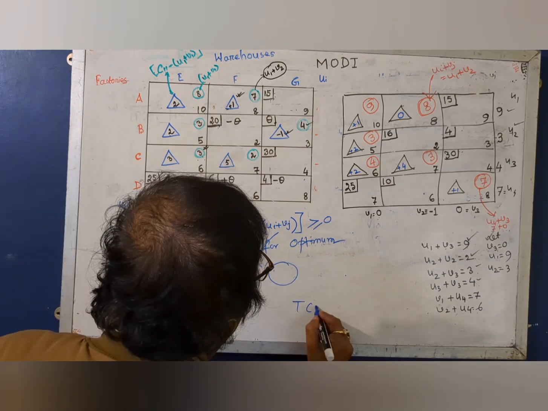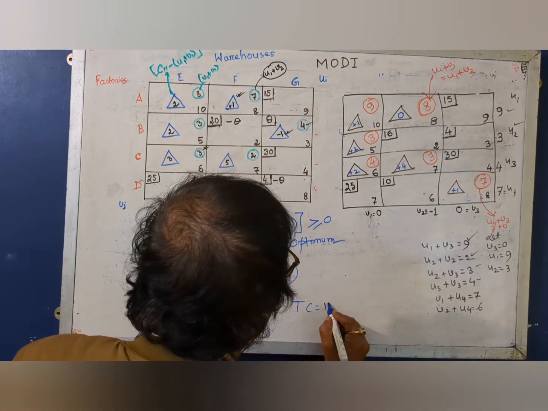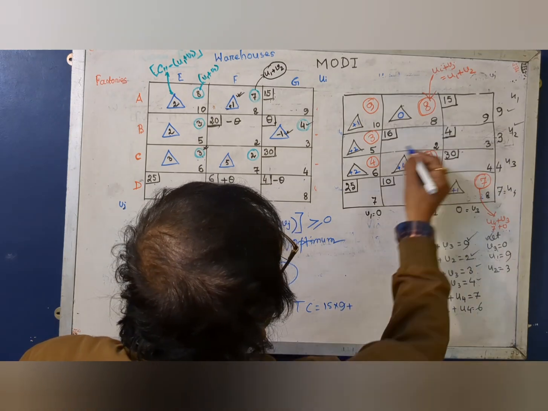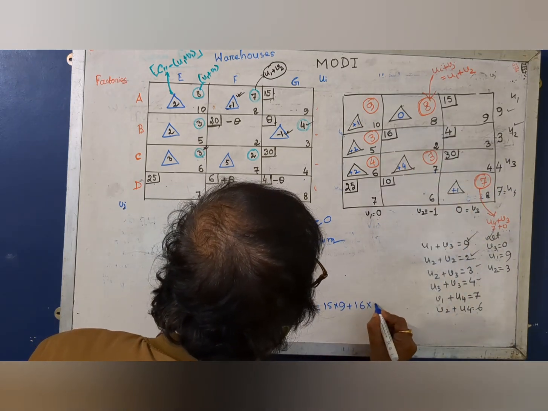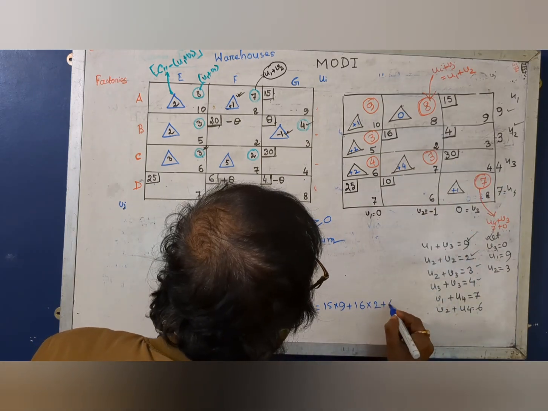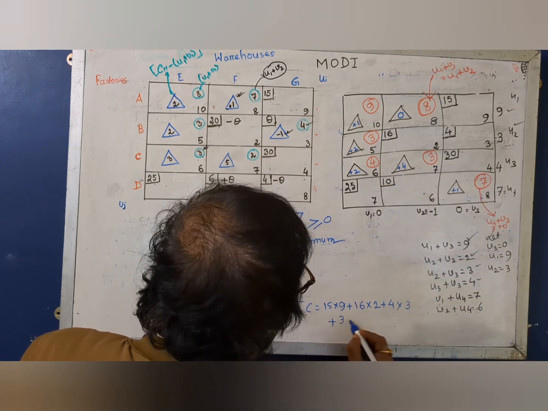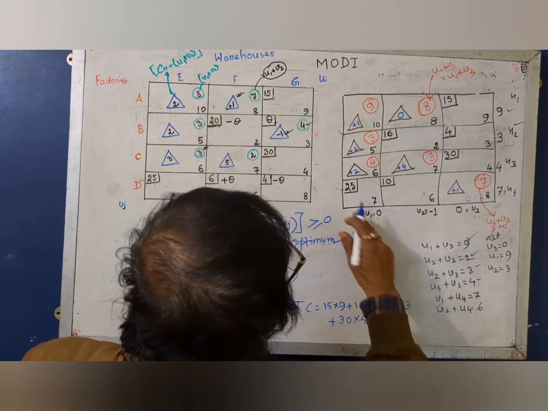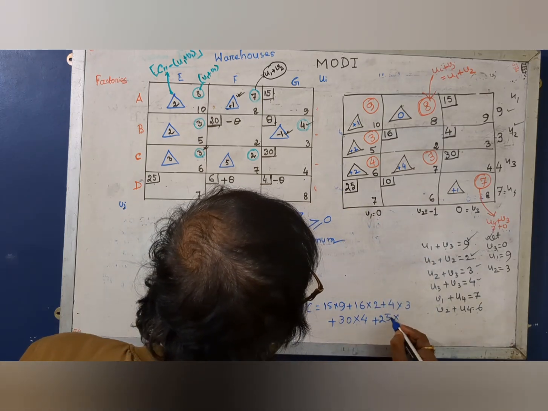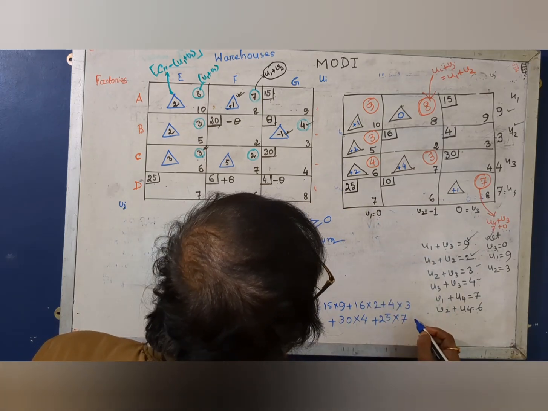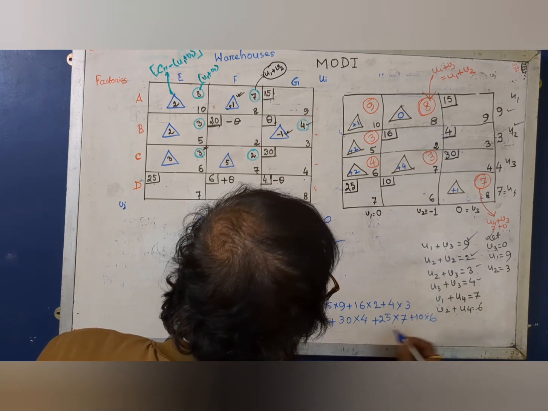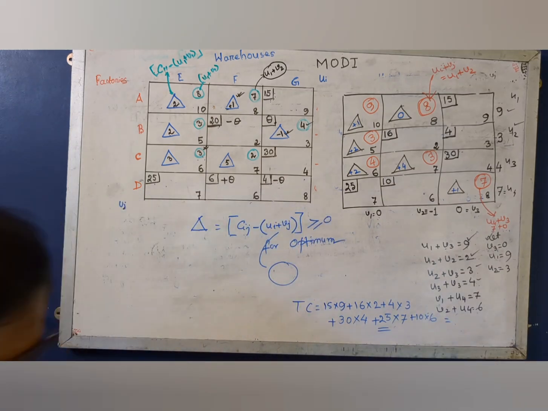The transportation cost will be, this is the basic allocation, 15 into 9 plus 16 into 2 plus 4 into 3 plus 30 into 4 plus 25 into 7 plus 10 into 6. The total cost will be 538. Sorry, 538.